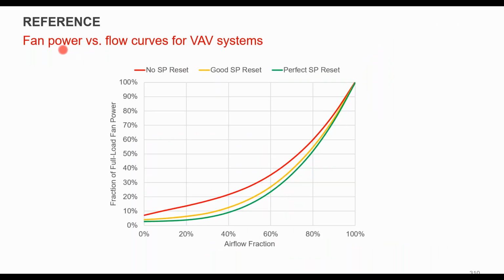What about fan power and flow curves, right? So this is something, again, there's a lot of prepackaged curves that will come with the different software packages. So a lot of them are using the reference 90.1. There is a fan curve that is in Appendix G. It's been in there forever. That basically follows this red line, right?